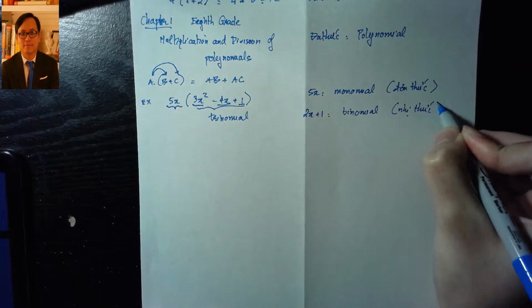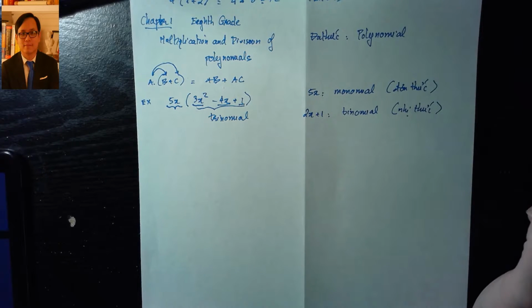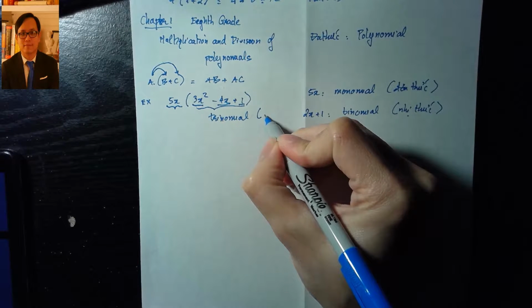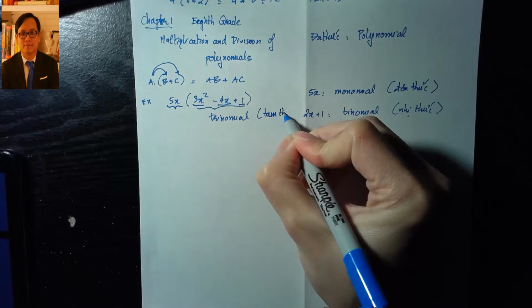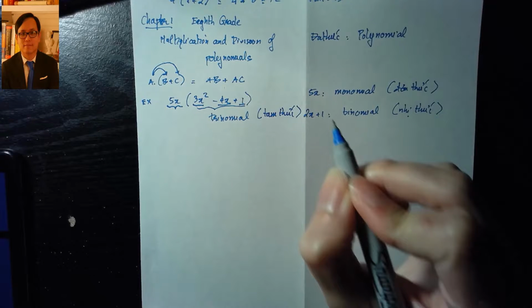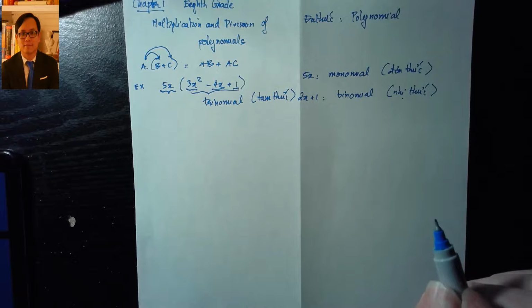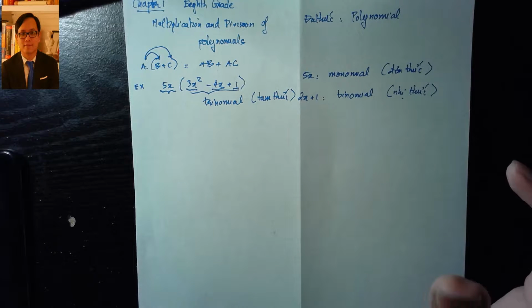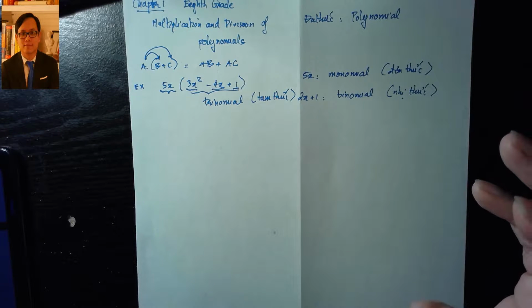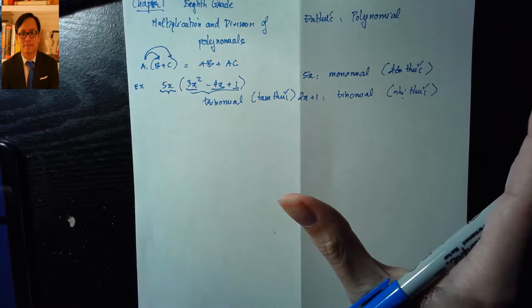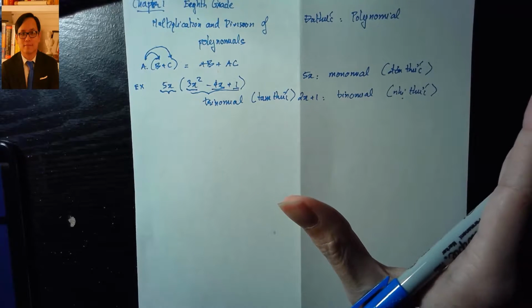Còn trinomial we call it tam thức. Và khi các bạn lên lớp 9, thì các bạn sẽ học đến cái tam thức bậc 2. We will be learning how to graph and how to find zeros of a trinomial.